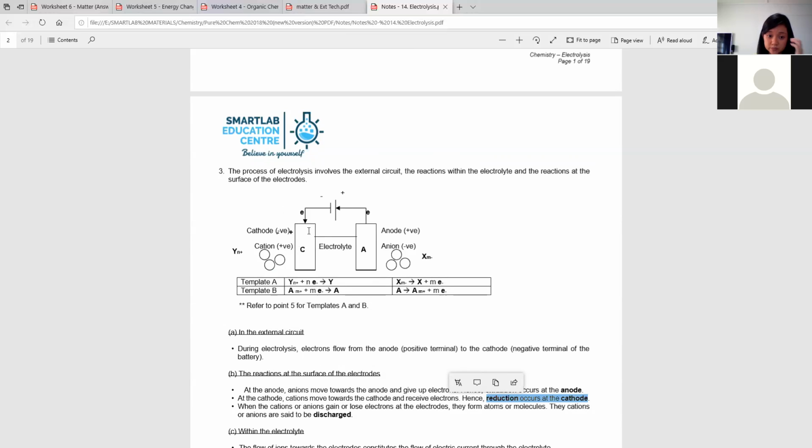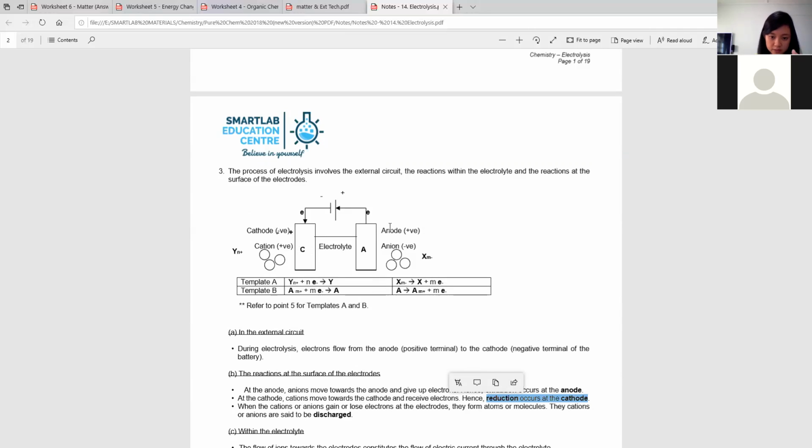That is why if your electrolyte has cations, the cation will naturally be attracted to the cathode, because the cation needs to gain back electrons to become the element form. If you're confused, when an element becomes a cation, you are losing electrons. So now if you are already in cation form and want to become the element again, you need to gain back electrons. So you need to be attracted towards this cathode for reduction to happen.